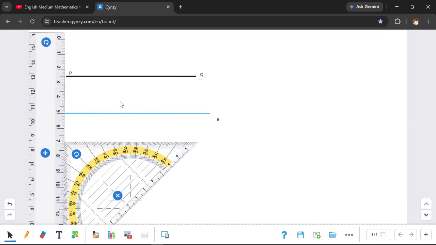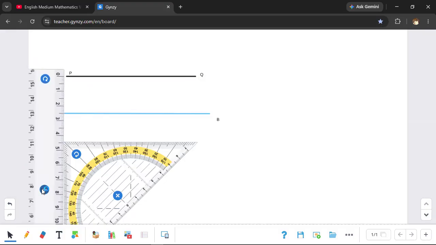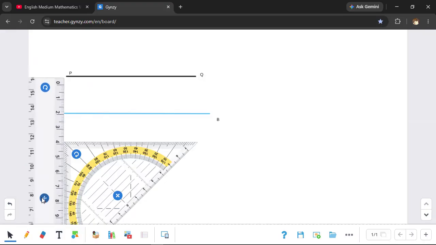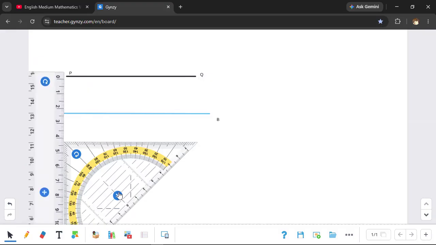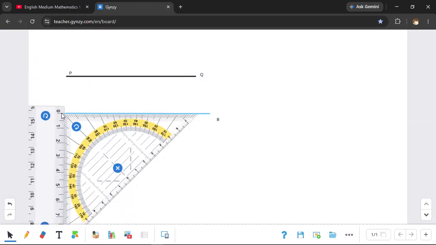Right? So I have moved this PQ line from our AB line exactly 2.5 centimeters. Right? So you need to take the same distance from here, right? So first of all, you need to place your ruler here, and place the 0 on top of the AB line, right?